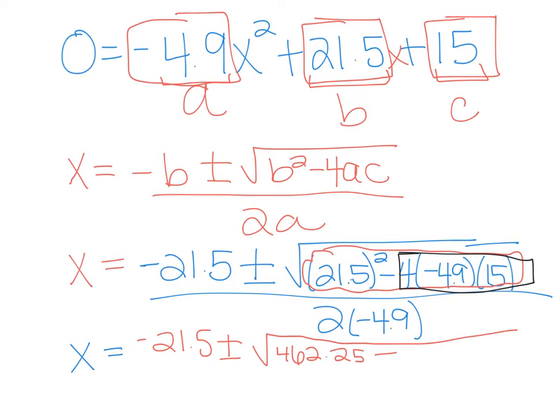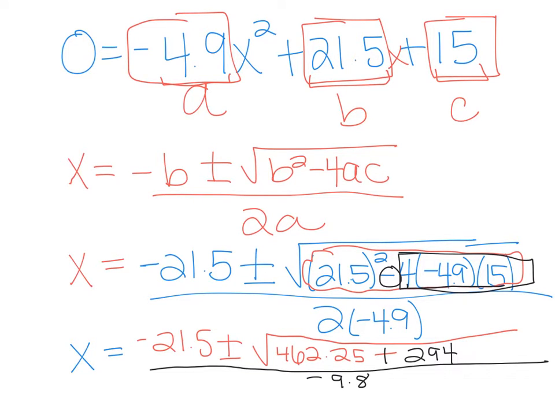That gives me a product of 294. It's actually negative 294. So with this minus sign in front and the fact that these three numbers multiply to give me negative 294, this is going to be plus 294. And then we're going to divide by 2 times negative 4.9, which is negative 9.8.